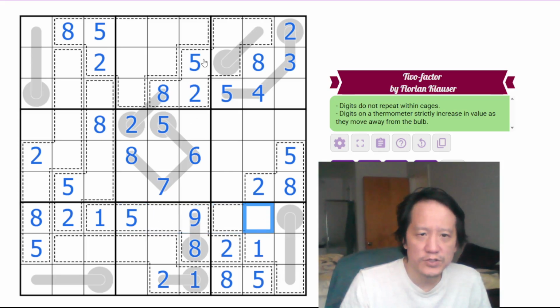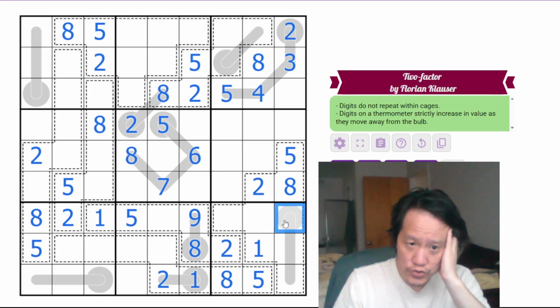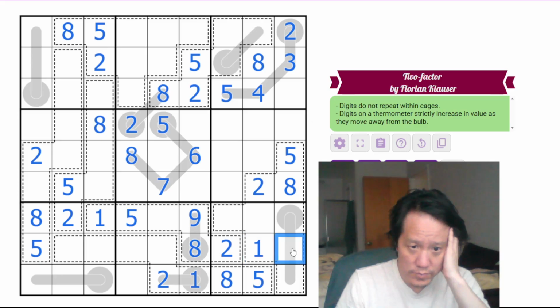Okay, what are the remaining digits in... I don't know. Let's try... Let's do here. That means, since this is here, this cannot match this, or here.